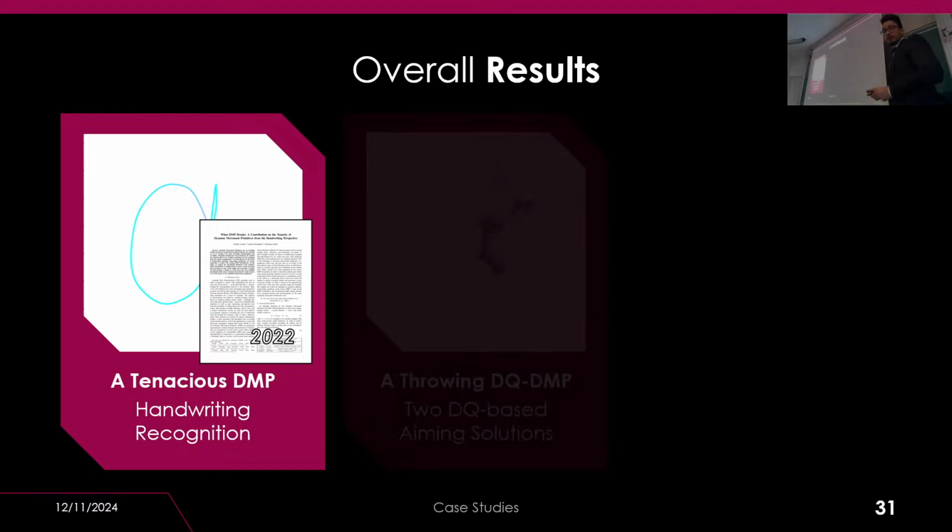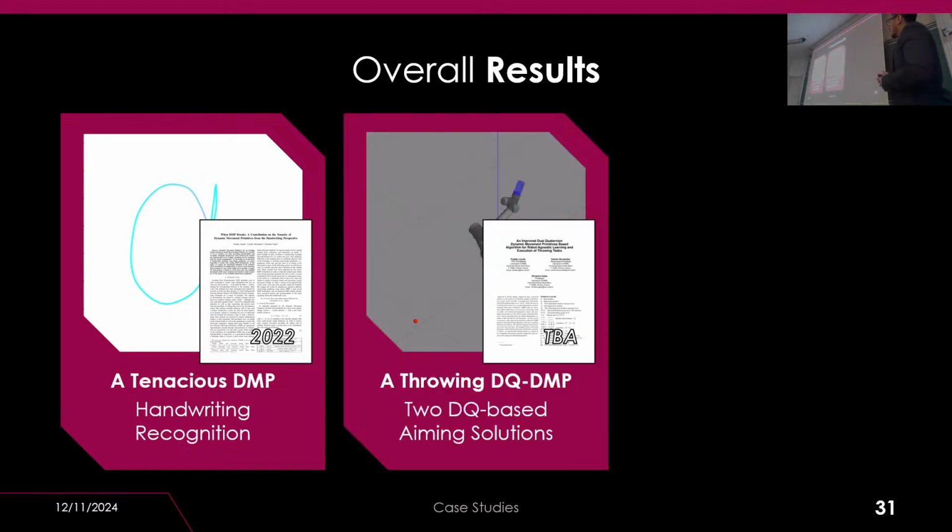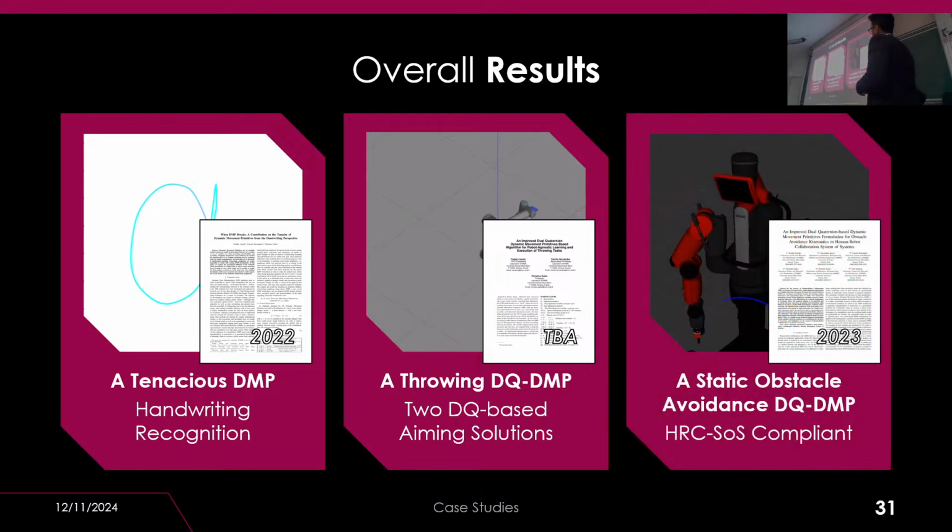The second result that I've provided is a throwing dual quaternion dynamic movement primitive based on two dual quaternion aiming solutions. This is to be eventually published. It is in an ongoing reviewing process. And finally, the static obstacle avoidance dual quaternion dynamic movement primitive method aimed towards human-robot collaboration as a system of systems. Well, again, published in 2023.